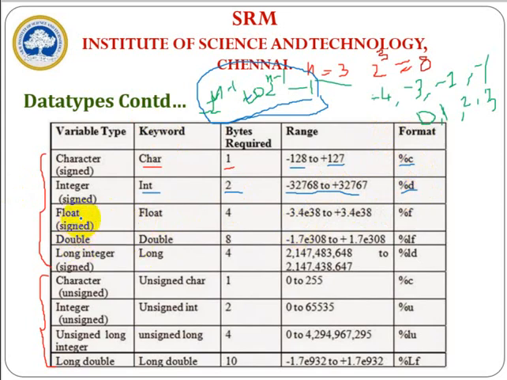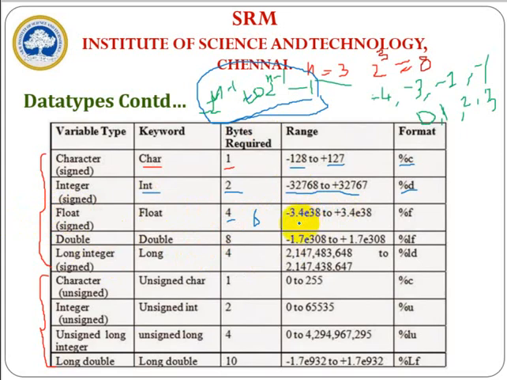And the next one is the float data type. The float data type is going to hold 4 bytes, which means 4 into 8, that is 32 bits. So 2 power 32 values are possible in this float data type. And one more thing is, the float data type can hold 6 precision. After the decimal, it can hold only 6 digits.